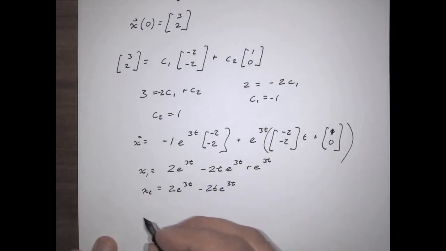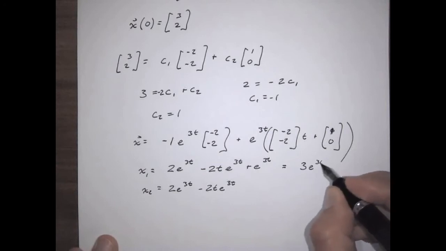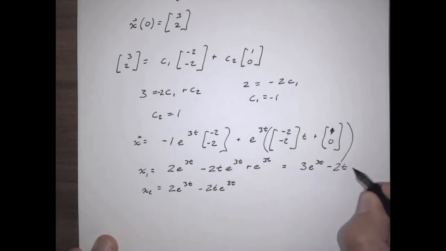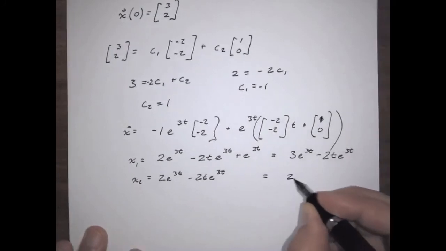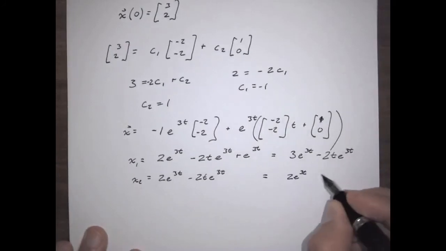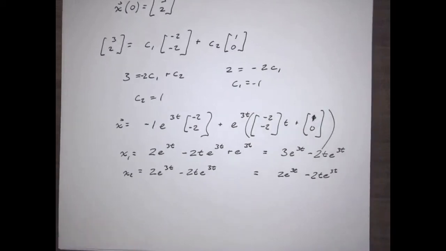So then what we're going to have is 3 e to the 3t minus 2t e to the 3t, and over here 2 e to the 3t minus 2t e to the 3t. And again, there are a wide variety of different types of presentations of the solutions, and you can just go with your heart on those.